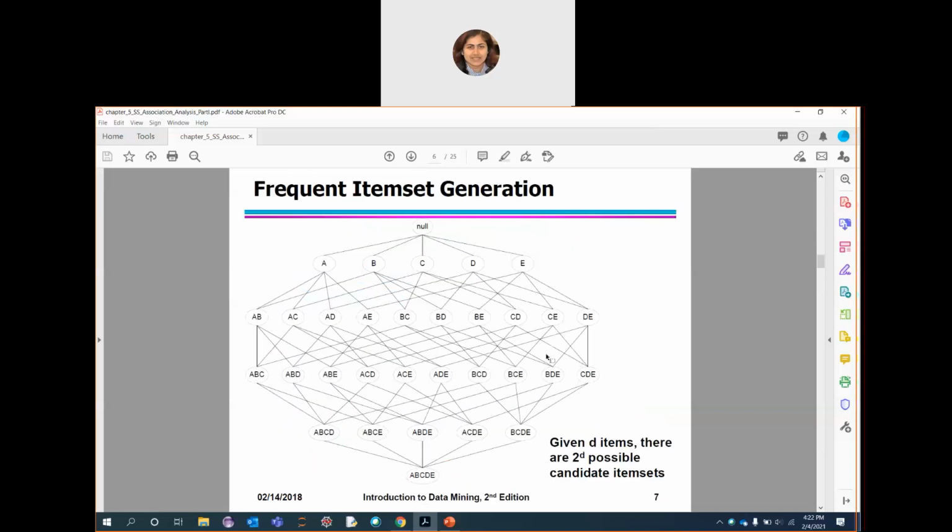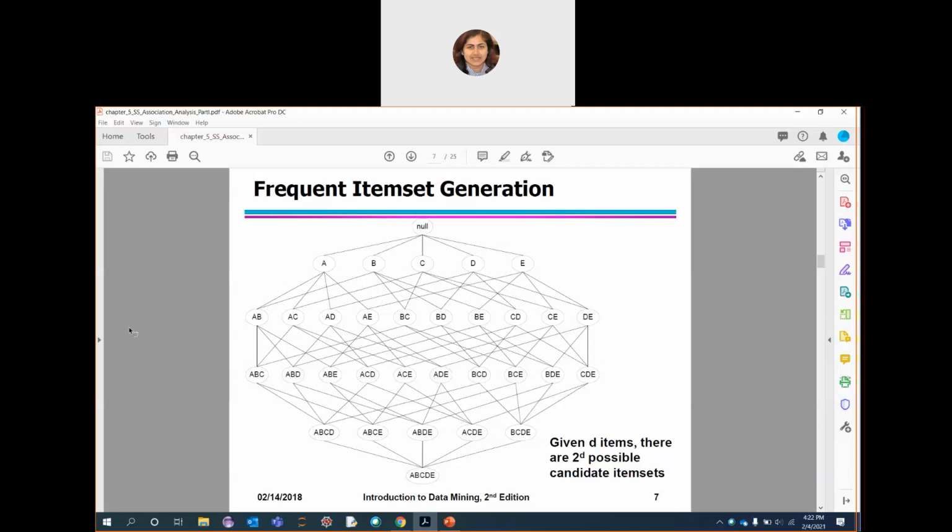That is why we follow different approaches, the so-called Apriori and the FP growth or FP tree.